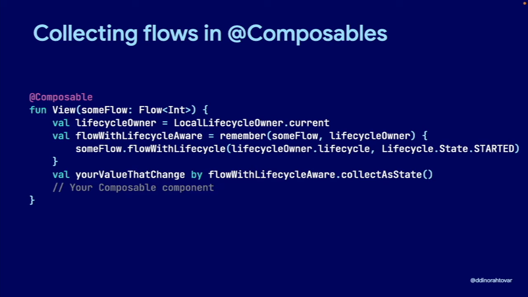And inside of this, you also want to just remember the flow and remember which is the stage of your life cycle. So you end up using remember, putting that lambda function that we usually use, and you end up using flow with life cycle to change it to a call flow. And then you can collect that flow using collect as a state.